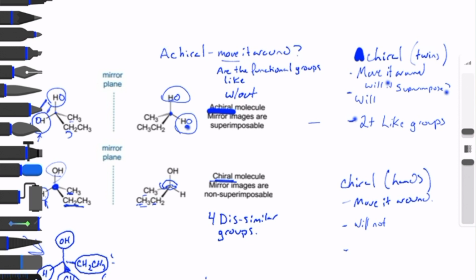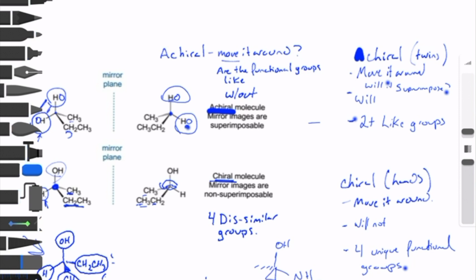Chiral molecules, more oftentimes than not, have 4 unique, we'll say 4 unique functional groups. Okay. And that means it would be like an OH, an amine group, can do a carbon chain here.